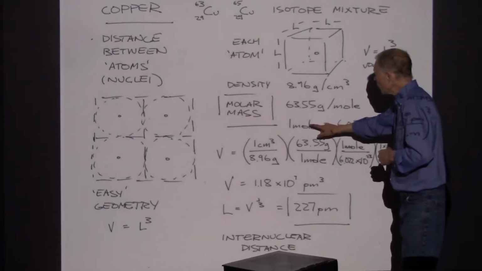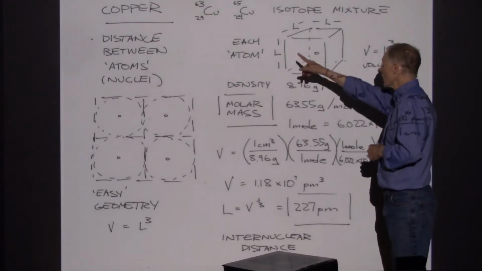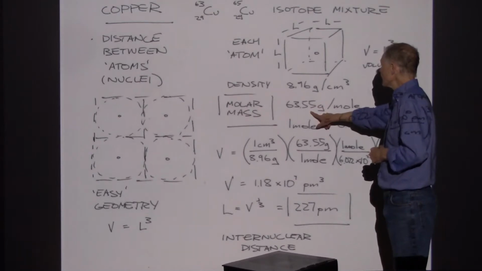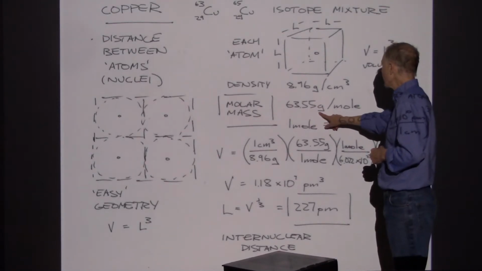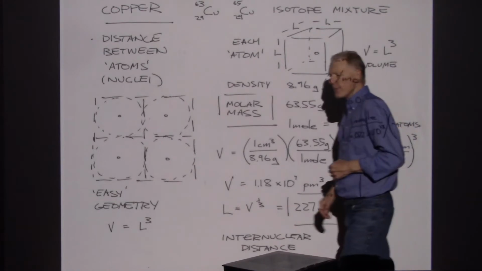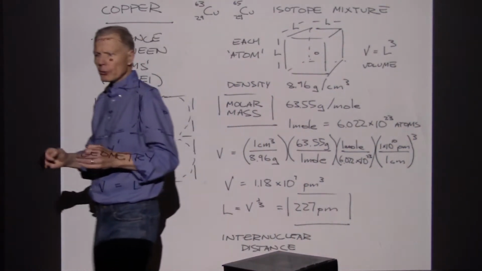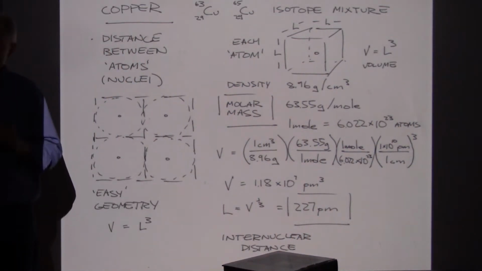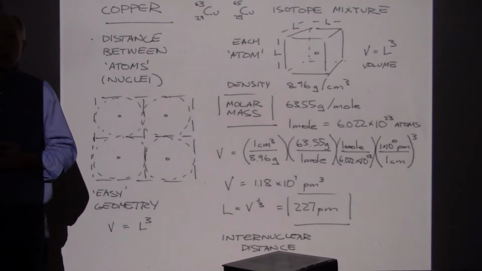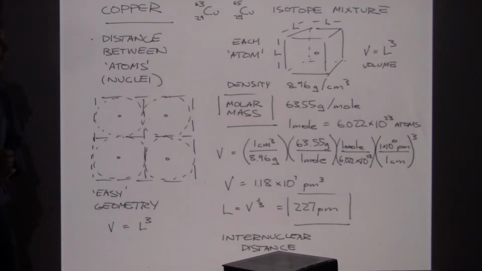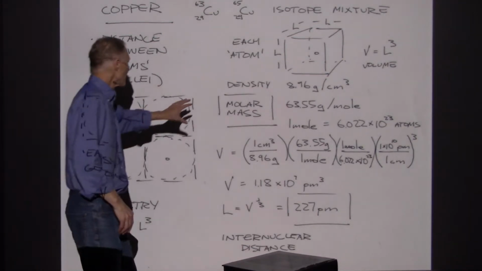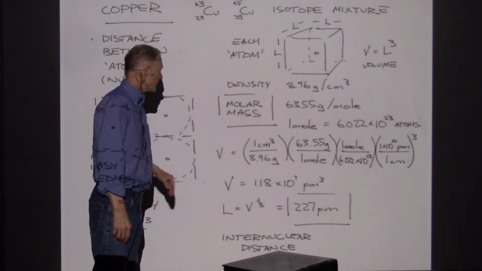But if I take 1 mole of naturally occurring copper atoms, we find that that is 63.55 grams per mole. That's referred to as the molar mass, and that's something I'm going to state a lot. The textbook supports all that, but I'm going to make a special emphasis because of the importance.